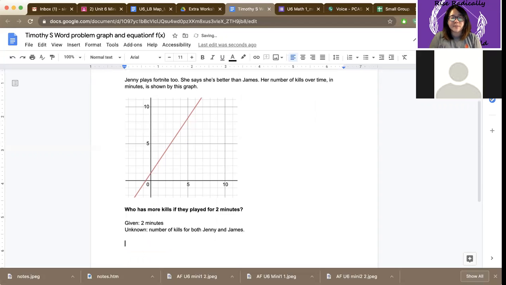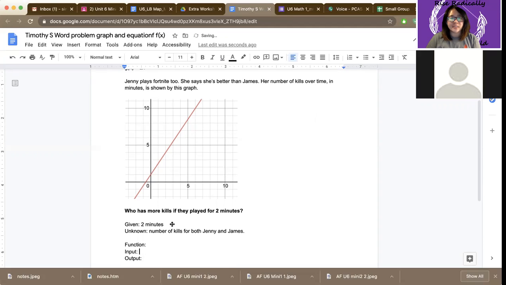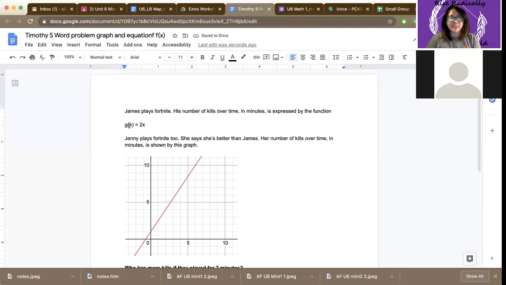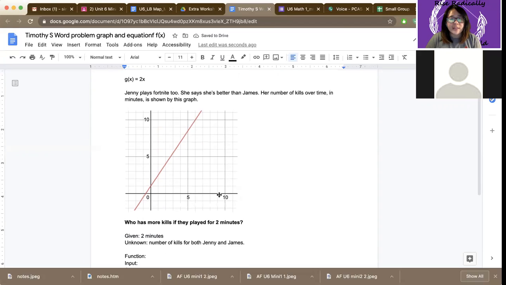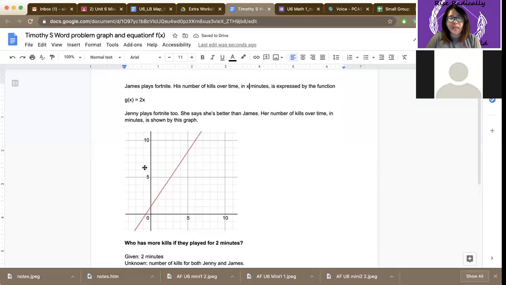I know we're working with a function, so I'm going to figure out what the input and output is for the word problem. In this case, I know input is inside the parentheses, so it's x, right? So that's going to be the same for the equation and the graph.